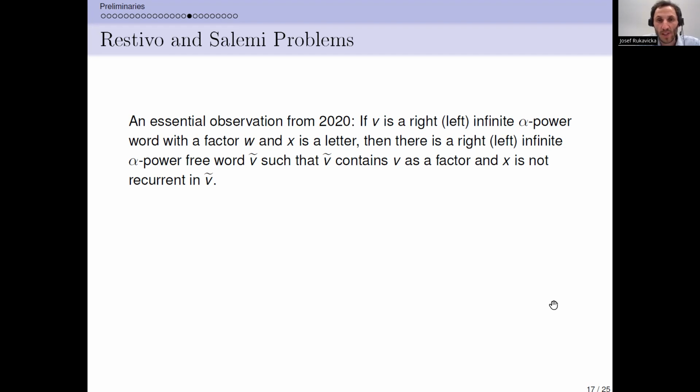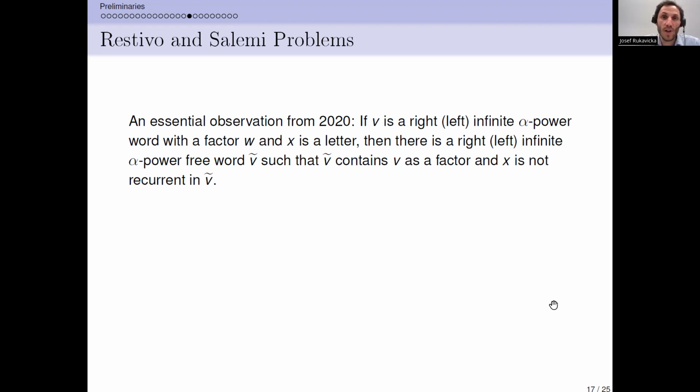So this is the very basic result that I needed for all the consequent results. And having this result, the others were more or less simple or obvious.